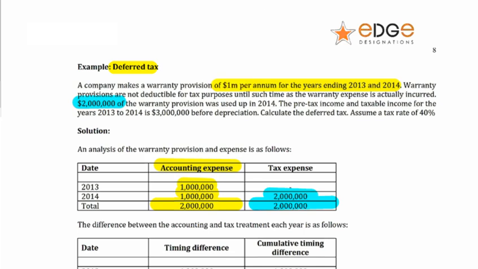Accounting took it across 2 years, tax took it across 1 year only, but the total amount of $2 million warranty provision was allowed for both parties, just the difference being due to timing. Obviously that'll reverse itself over time, but that does create what we call deferred tax in the meantime.